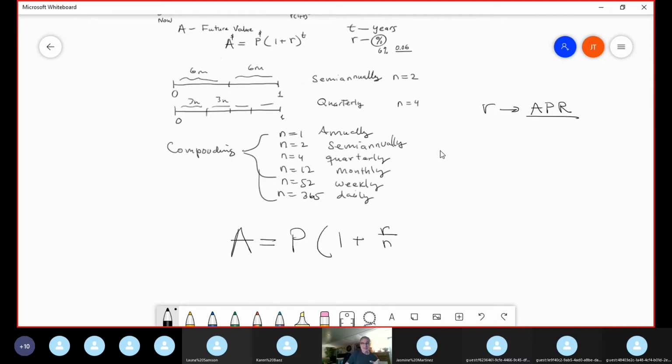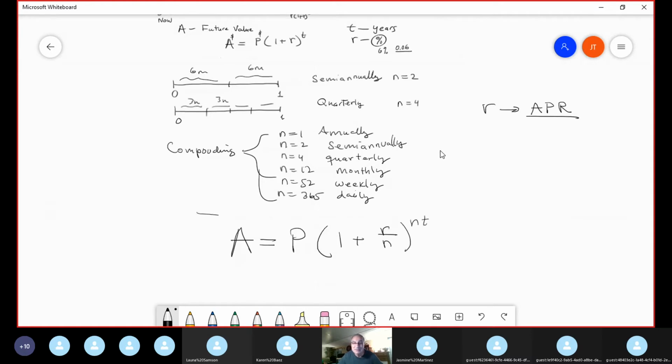Suppose the interest in 1 year is 5%. The interest in 1 month is 0.05 divided by 12. And the number of periods is increasing. T is the years, but the number of periods is NT.